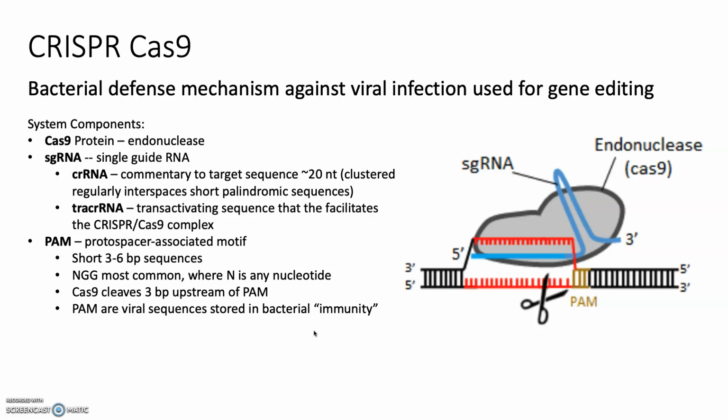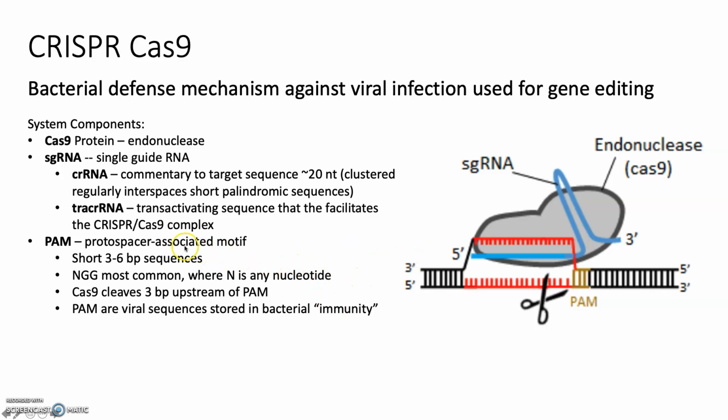This is about 20 base pairs or nucleotides long, and this is where the CRISPR part comes in. This is a clustered regularly interspaced short palindromic repeat, a palindromic sequence that's repeated and short, that's going to be removed from the gene of interest and replaced by a double-stranded blunt-ended break.